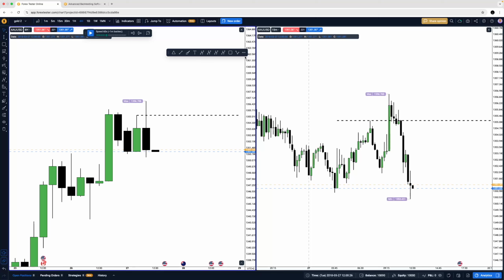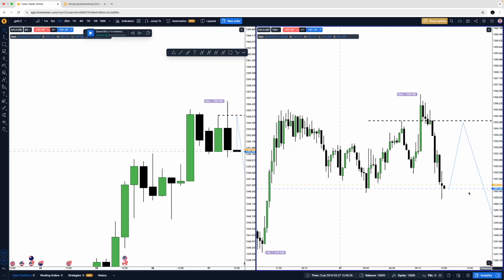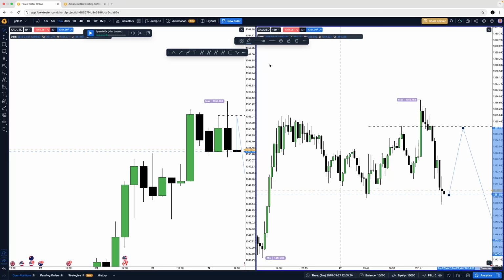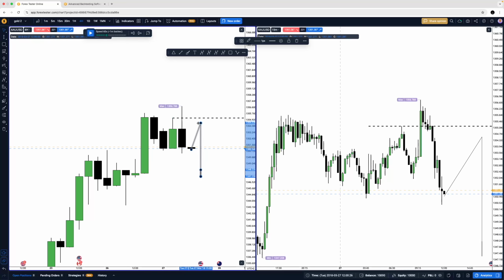That means in the lower time frame, we will be looking to enter short around this area here. Change this color to black. Right there, we'll be looking to enter the market short around that area here.